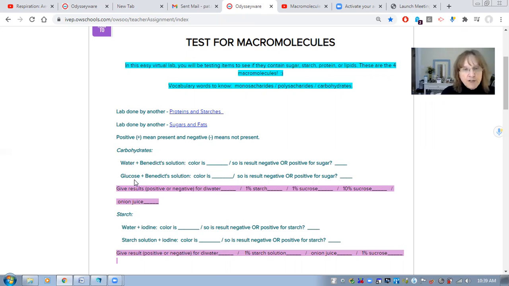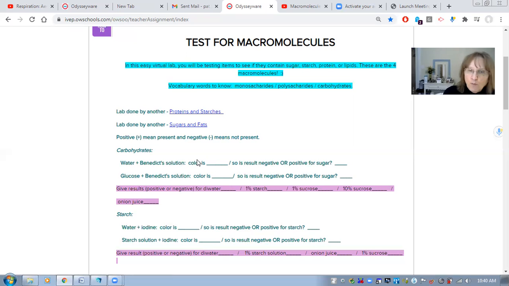Now we'll also want to test something that we know has glucose in it, so that we can see what the colors are when we have a solution with glucose in it and we put the Benedict solution in. So that's what these little labs are going to do.